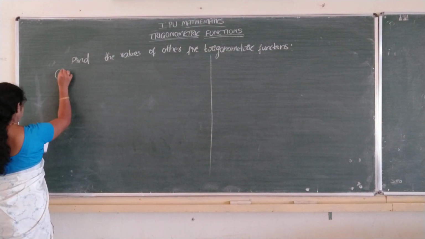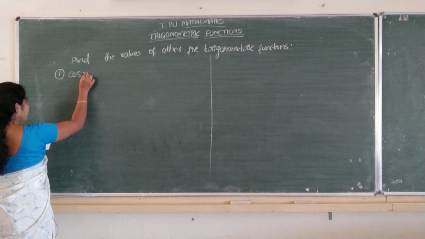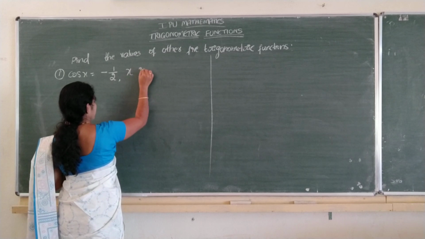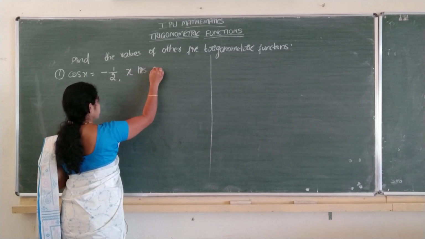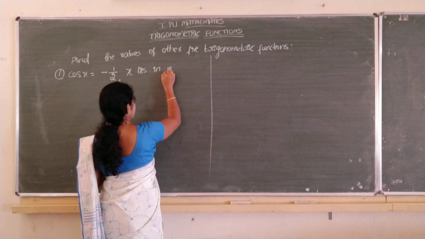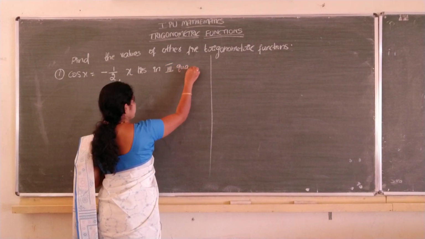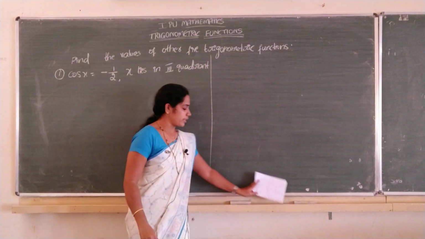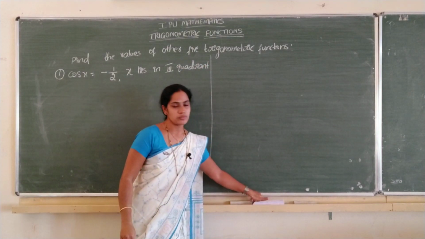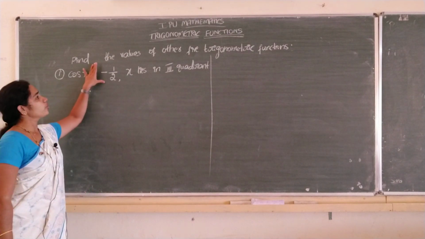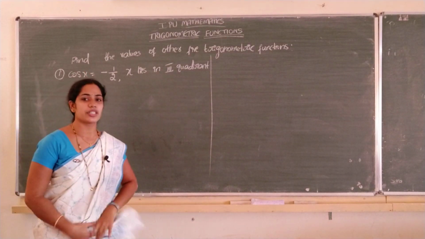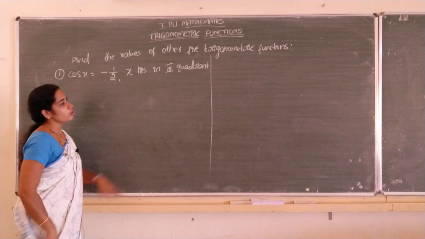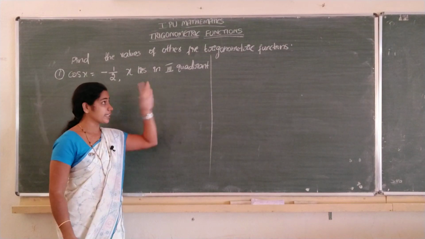First one, cos x equal to minus 1 by 2. X lies in third quadrant. See, here we have to find the value of other 5 trigonometric functions. What is given? Given is the value of one trigonometric function.